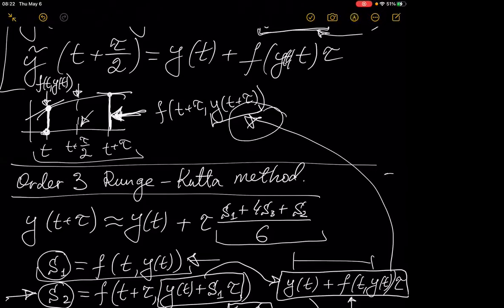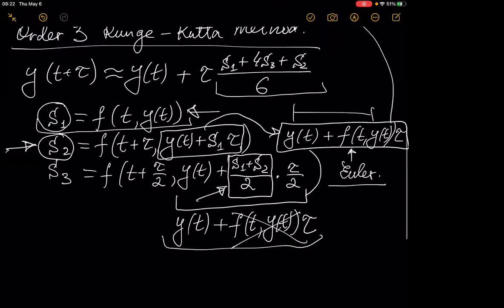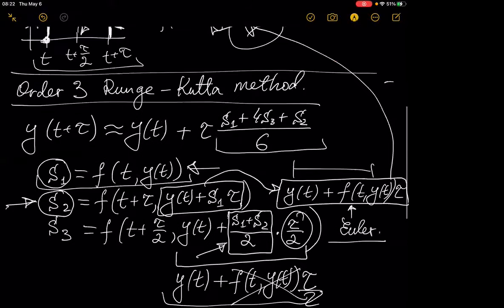So here I'm taking the average slope from the information which I have, and then I'm making the half step in order to get to this point.